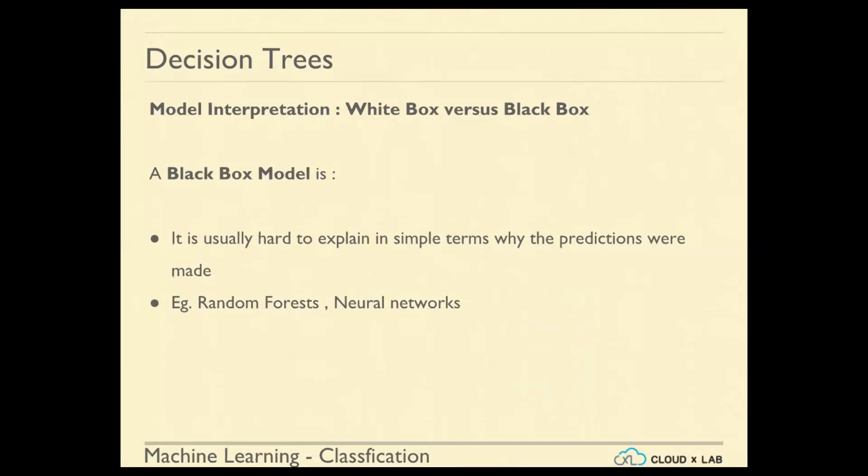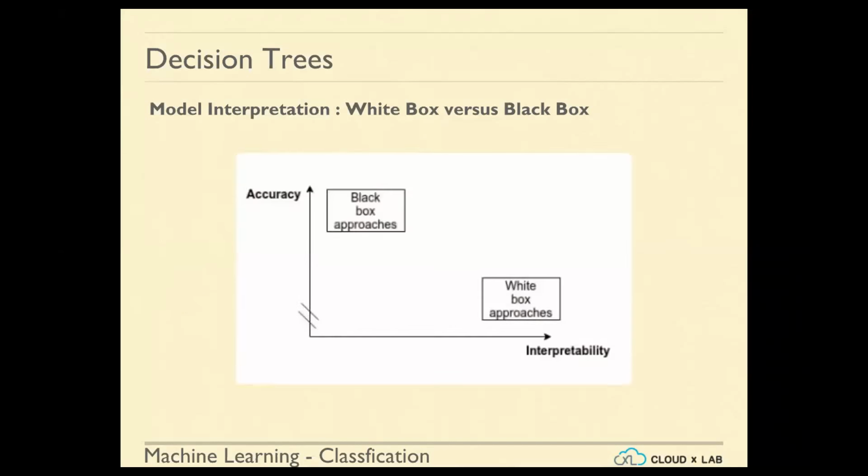So as we try to increase the accuracy, we end up in a situation where the results are harder to explain. Eventually we have to make peace with a trade-off between white box and black box.